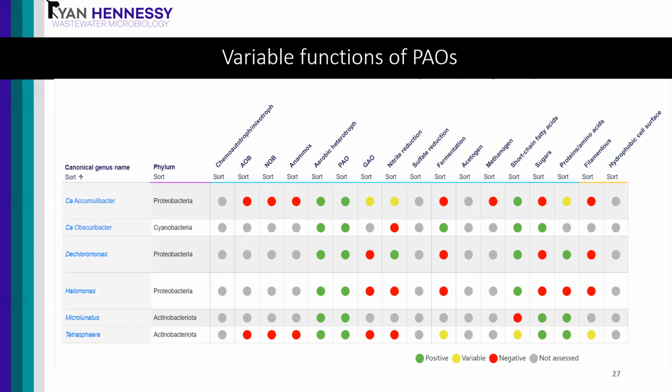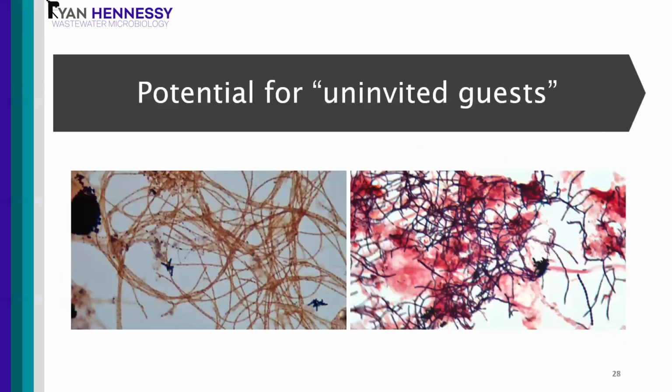So very often the bugs that you need are there, but if the conditions aren't right, they can switch and become GAO instead of PAO, or they can denitrify and other things. So there are a lot of complexities that we're learning as we learn more about these processes.